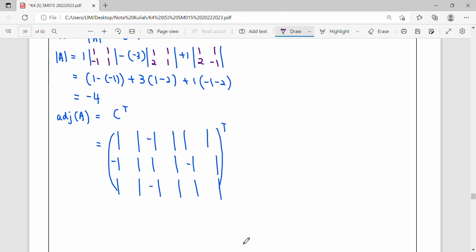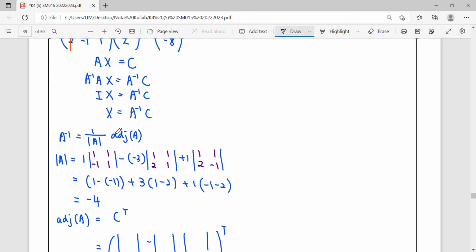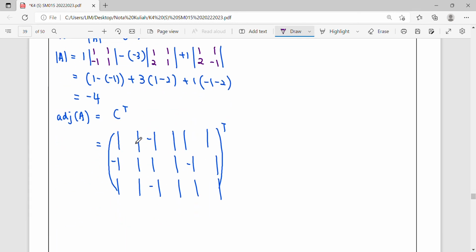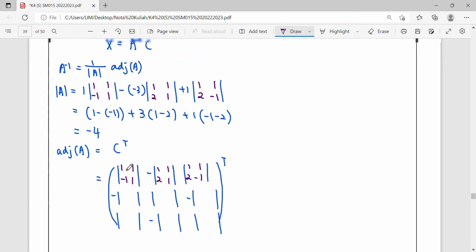So minor 1, 1 gives us 1, 1, negative 1, 1. Copy and paste, in and out. Those vertically are 1, 2. So repeat this process for minor 2, 1.